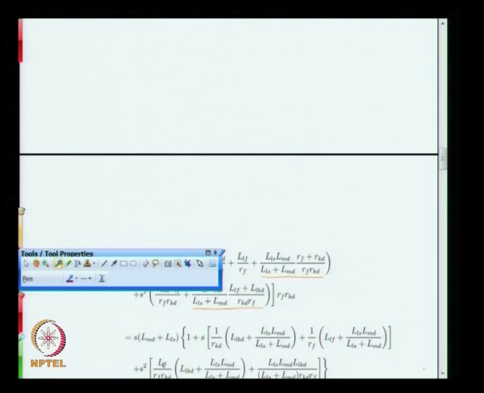Now, this term can further be written as LLS LMD by LLS plus LMD multiplied by RF by RF RKD. We are splitting this into two parts, plus LLS LMD by LLS plus LMD multiplied by RKD by RF RKD.